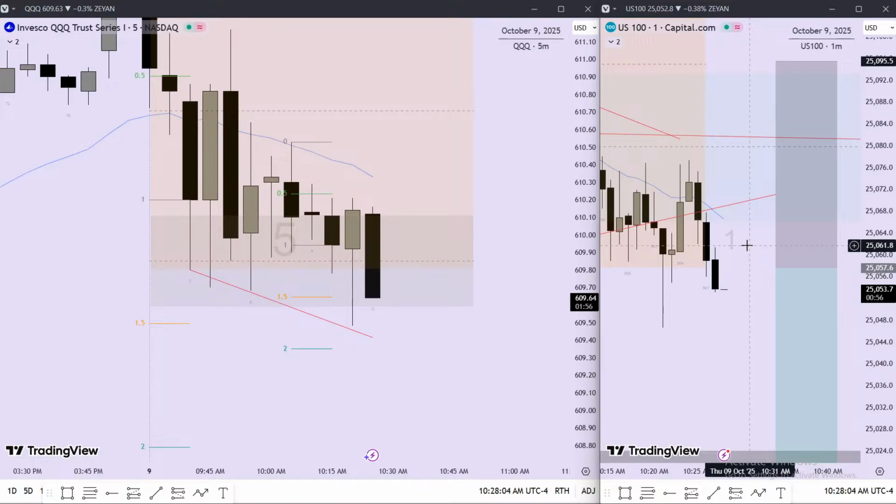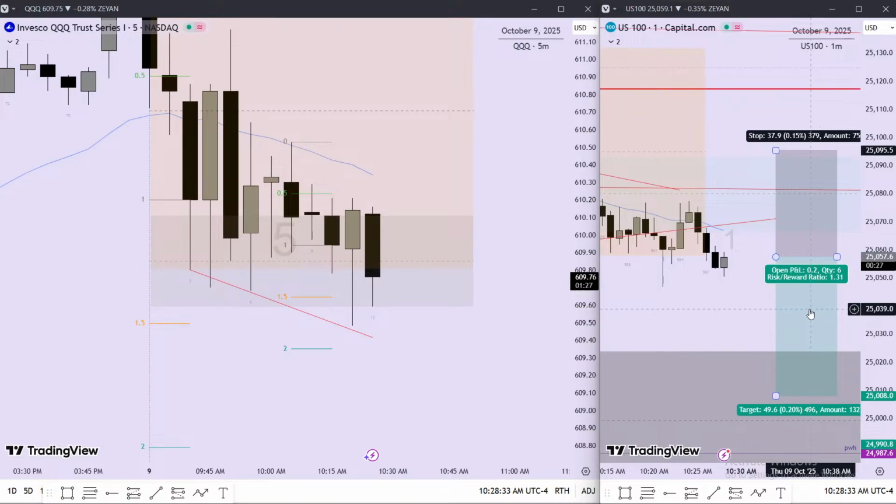Finally, this piece of shit. Stop loss is 94. My take profit.